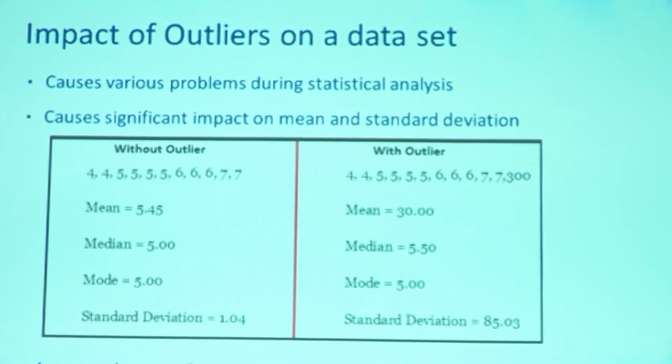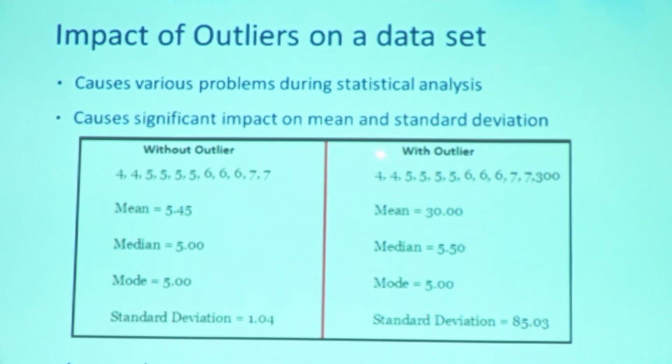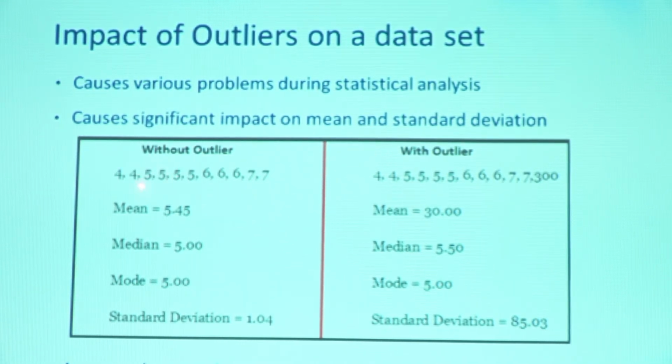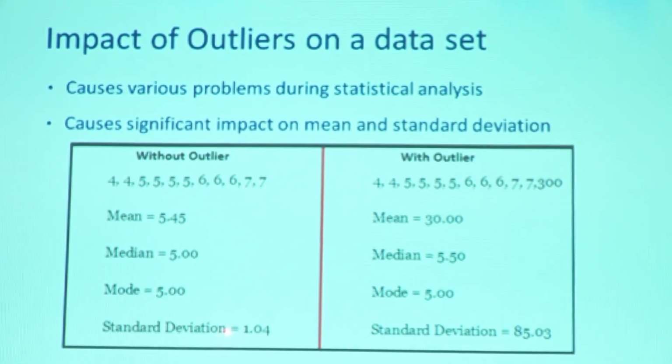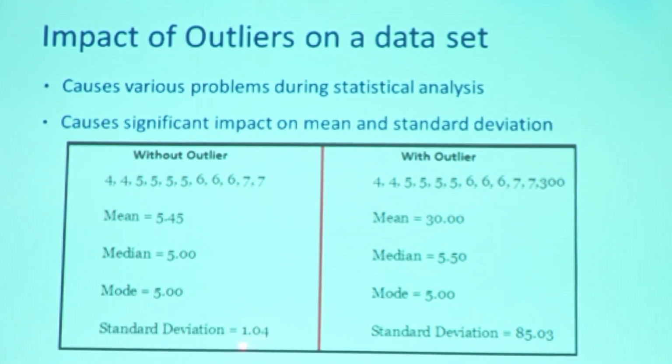Now, see here, what is the impact of outlier? There is one simple data set that I have taken. What is outlier in this? 300. So see, what is the standard deviation of this particular data set? 1. What is it with this outlier? 85. So that is the impact that an outlier does on a data set.